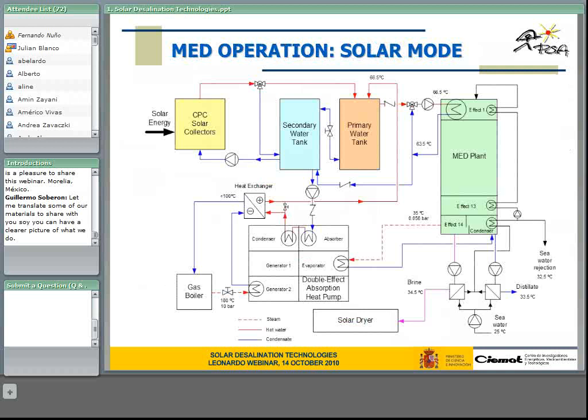I have to say that we are using liquid water here and not steam like in most multi-effect plants. To make this possible, we modify the first heat exchanger of the first cell, just to supply the energy with the water.